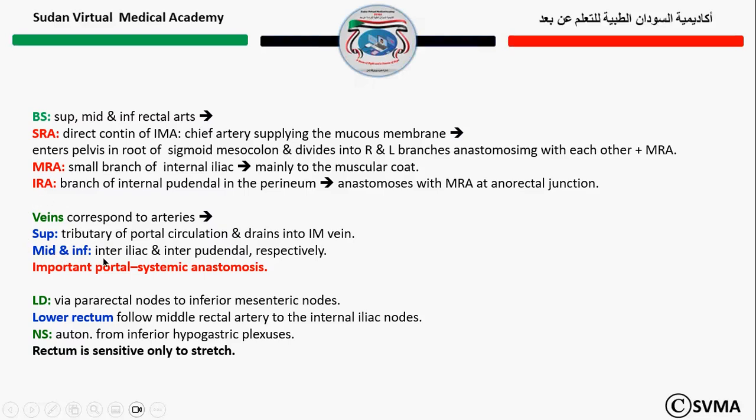rectal venous drainage, because it forms one of the significant 5 or 6 important portosystemic anastomoses in the body.